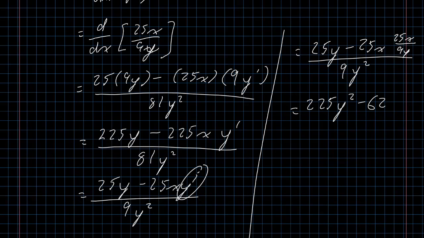We'll get 625x squared all over 81y cubed.